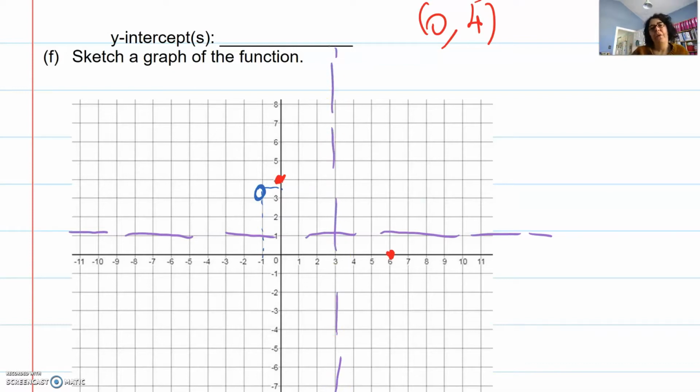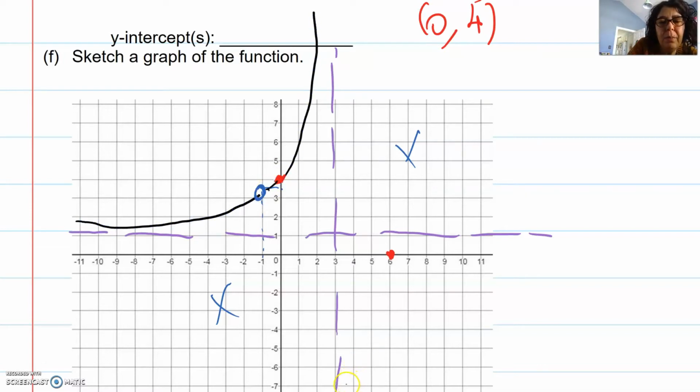As you see, I have points in the second quadrant and points in the fourth quadrant. So it means that I'm not going to be using these quadrants. So I will be drawing my graph, making sure that I am passing these points and using my asymptotes.